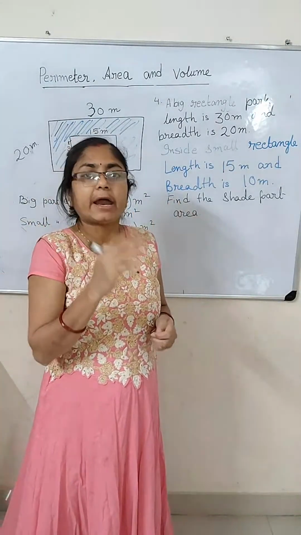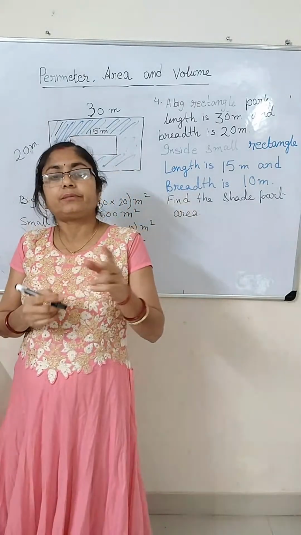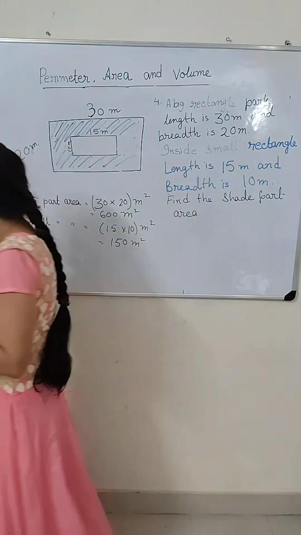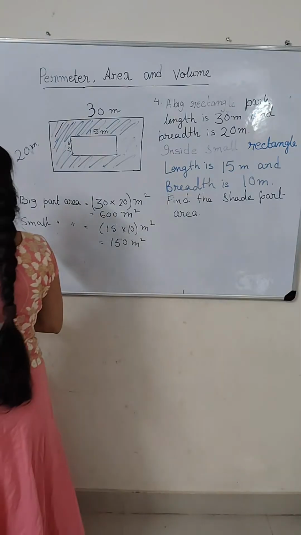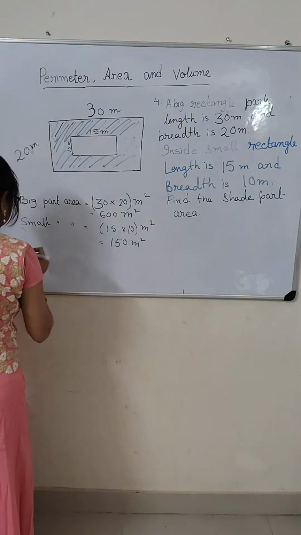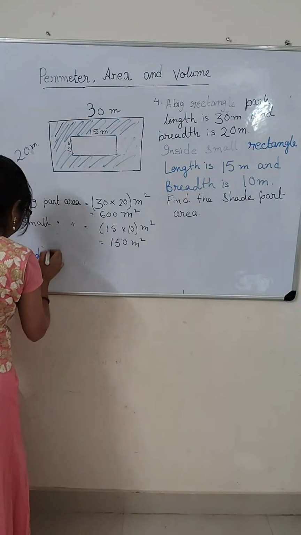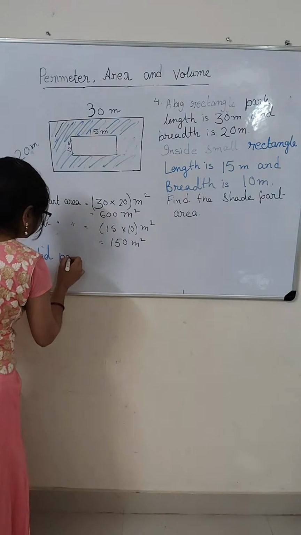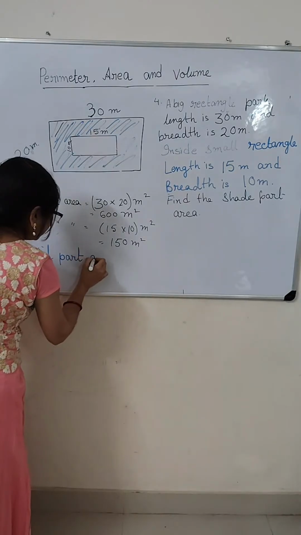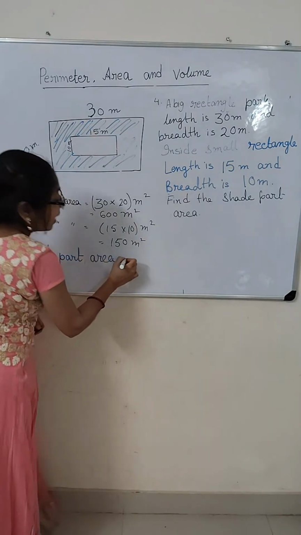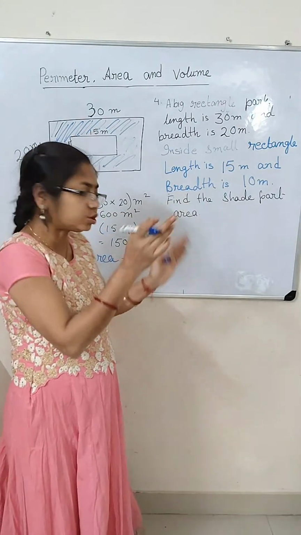We find out the area of both. Now I give the second step. What is our second step? Shaded part area. But I am telling you, subtract the big one from the small one.